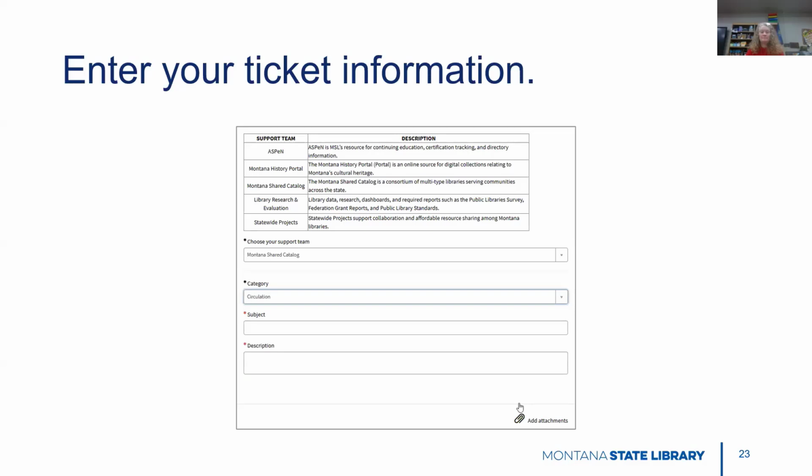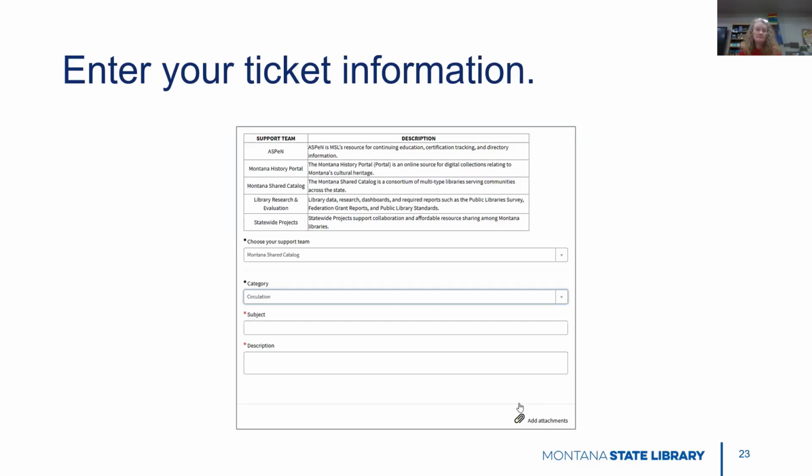And that's where you're going to enter your request, if you're lodging a request. If you're running into problems in the system, you can list that there. If you've run into an error message, what you've done to troubleshoot, anything like that. And you can also see in the bottom right-hand corner, there's a little paperclip and the option to add attachments.